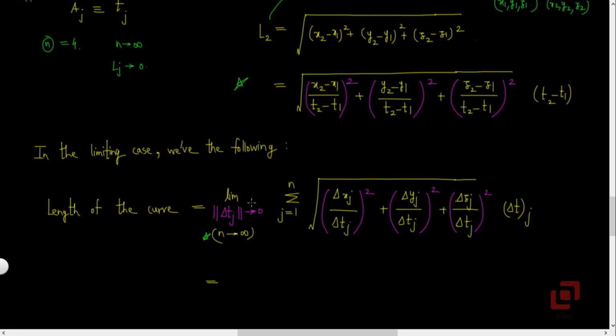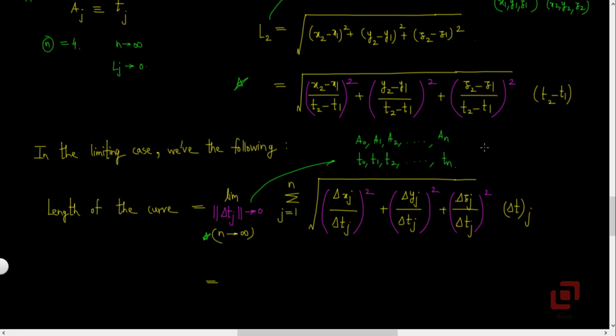Now what do we mean by norm? Note that we have the points a0, a1, a2, and so on till an, and by joining these points by straight line segments, we have partitioned the curve. At each point, we have a value for the parameter t, up to Tn.